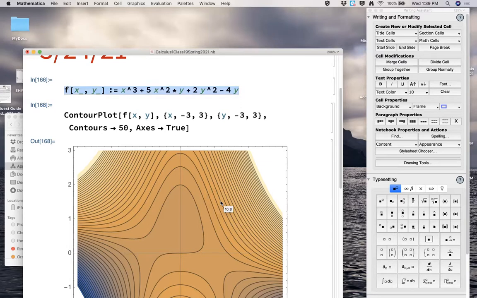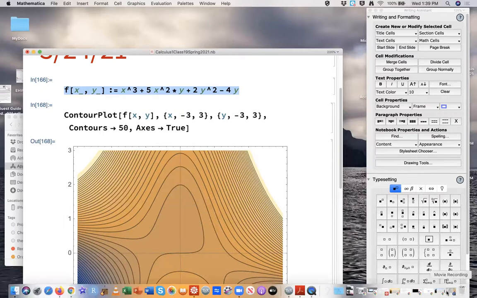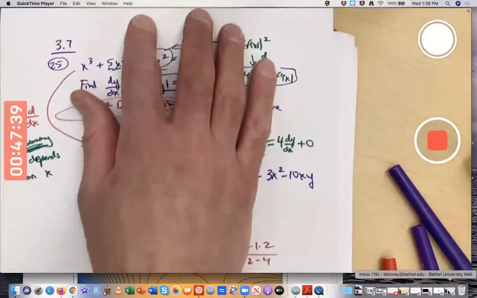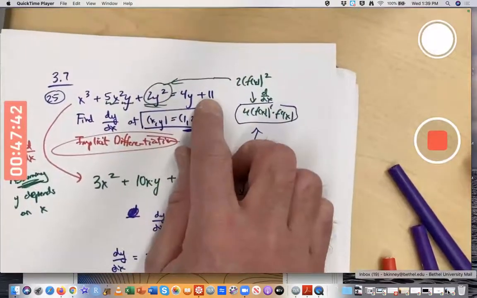Yeah, pretty close right there. Not exactly. This curve right here that you see, the output of this function is very close to 11. Why am I picking on 11? Because that was on the right-hand side of the original equation. This curve is very close to the curve defined by the equation that I just did the implicit differentiation for, which had the 11 on this side.